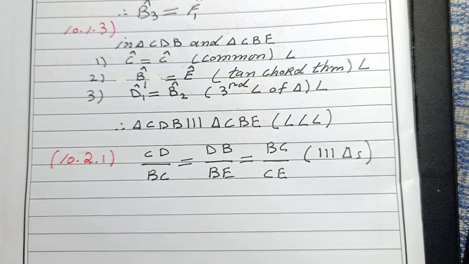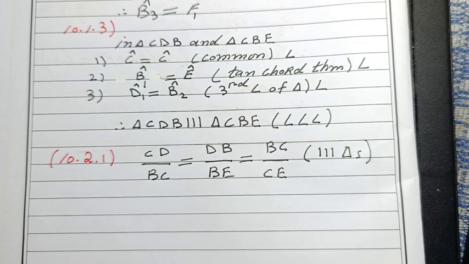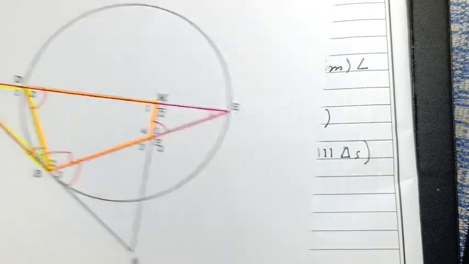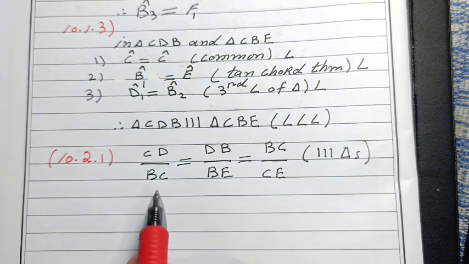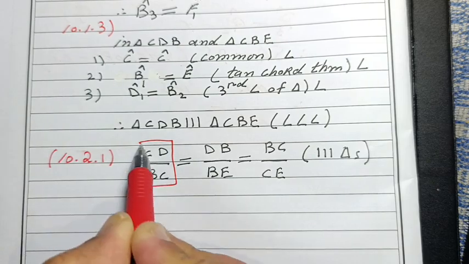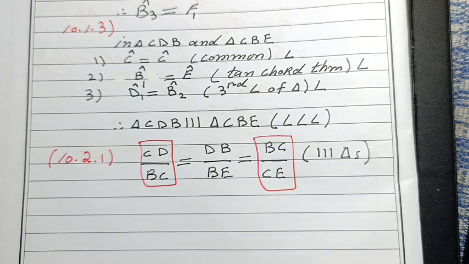Now we need the length of BC, so we need to take the relevant proportions. I'm going to use these two, CD over BC equals BC over CE. Why?